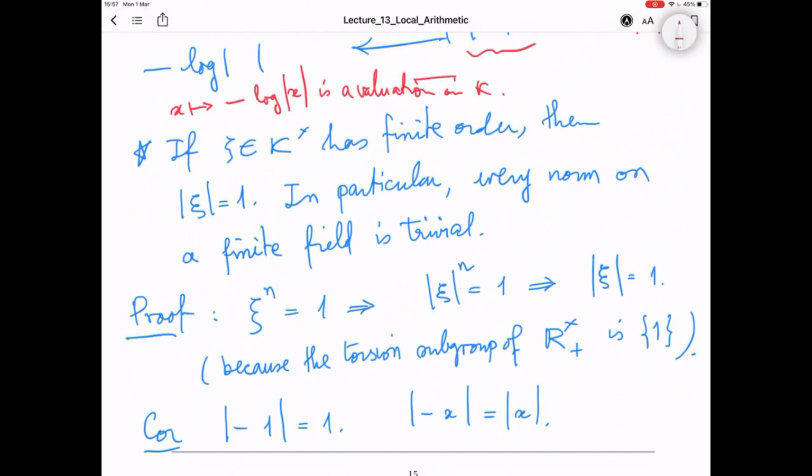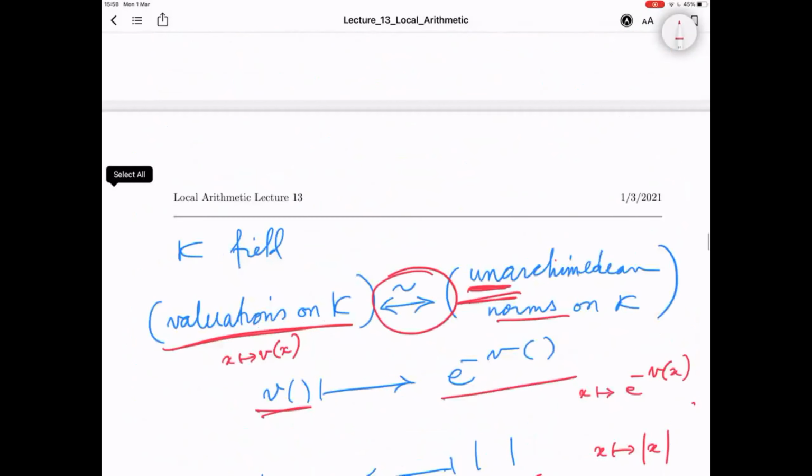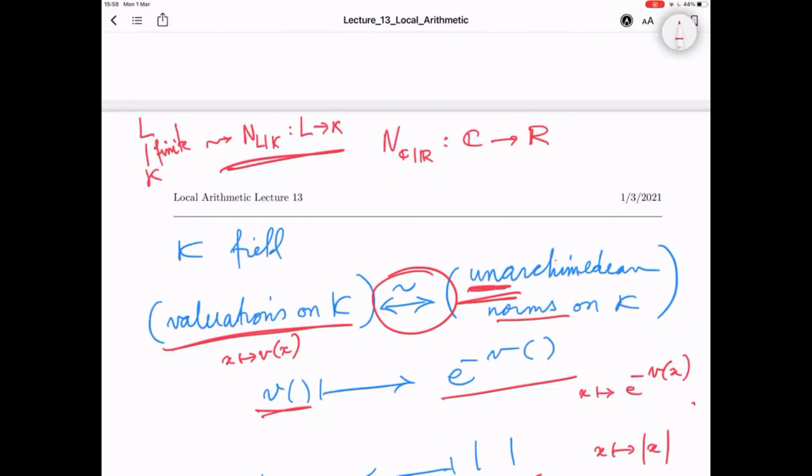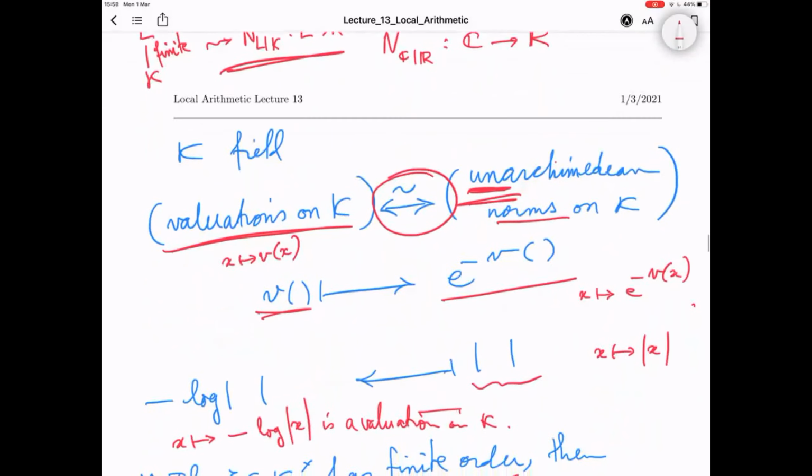Okay, so another observation is that if I have an element of finite order, then its norm is equal to 1. By the way, this norm should not be confused with the norm map from, let's say, C to R, or if you have an extension of fields L over K, let's say a finite extension, then you have a norm map, norm L over K, from L to K. This is a totally different concept of a norm.